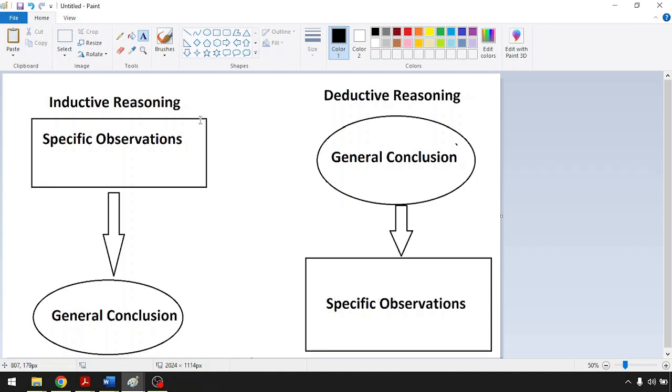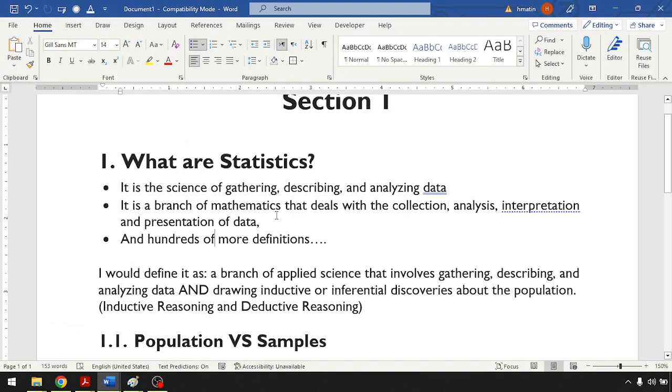So again, inductive reasoning is when we go from a specific observation to build a general conclusion. And deductive reasoning is when we use a general conclusion that's already out there and base our expectation of observation on it. So how does that relate to statistics? It's very simple.